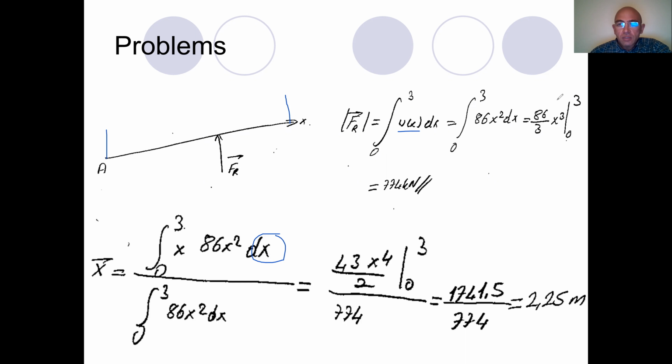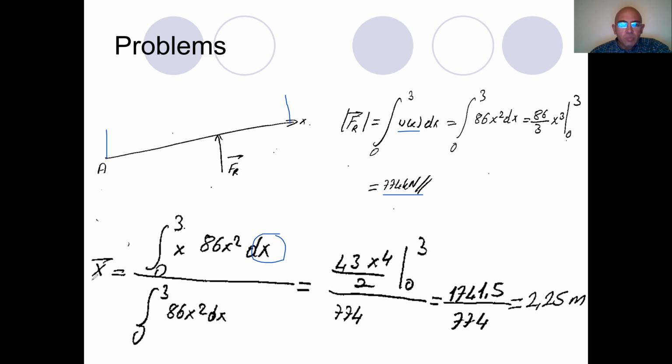Then it makes 86 divided by 3 x cubed from 0 to 3. Okay, so this will give us the magnitude of the resultant force, and the magnitude of the resultant force can be found as 774 kilonewtons.